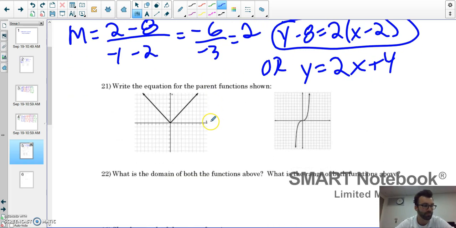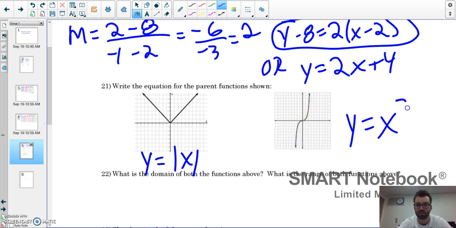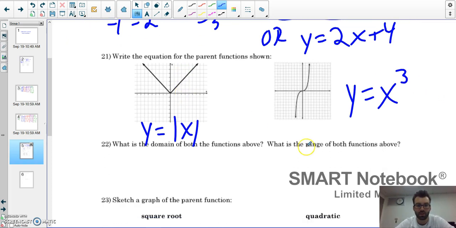Write the parent functions that are shown here. This is the v-shape. The v-shape gives us the absolute value function. Right here, we got the disco man, y equals x cubed. What is the domain of both functions here? My first domain, our x values, is -infinity to infinity.